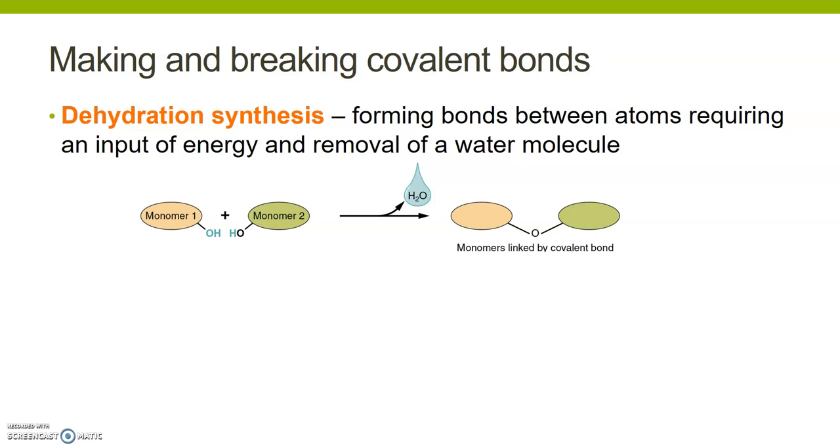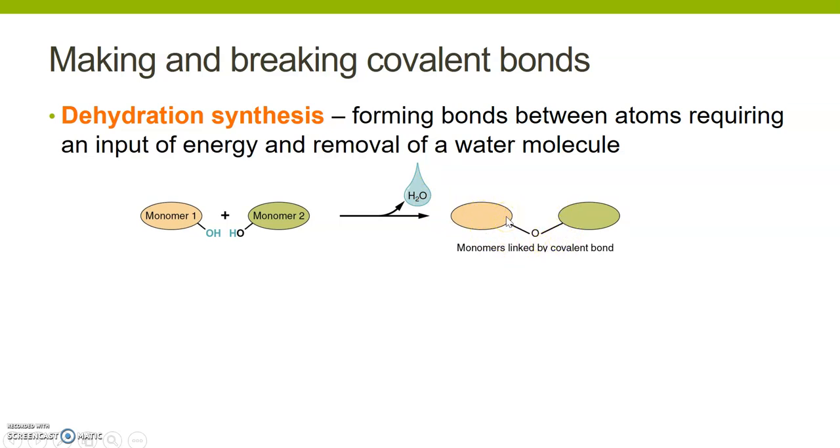Remember, monomers are the simple building blocks of a polymer, and we're going to put those together to form something a little bit bigger. Dehydration synthesis occurs when we take out a hydrogen from one monomer and a hydroxide, or an OH group, from another monomer, and that will give us water. Water is removed, and we will form covalent bonds between these two monomers.